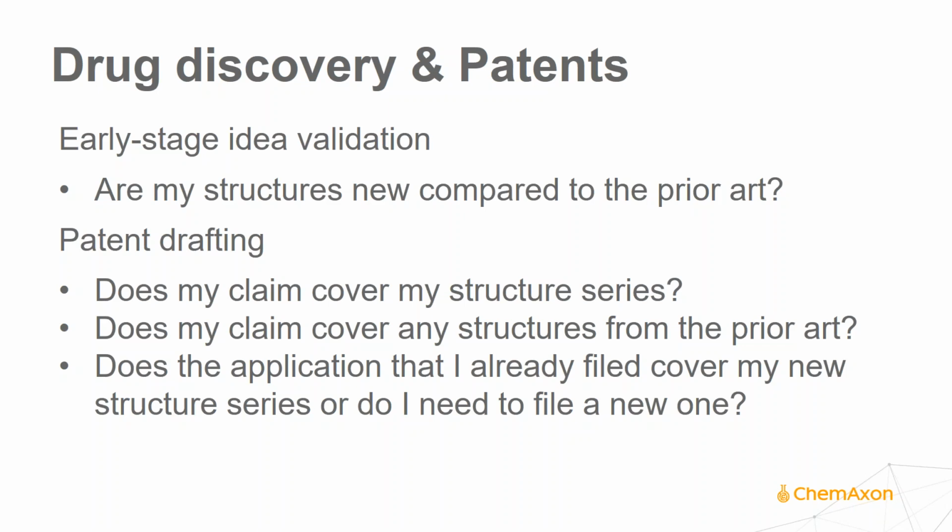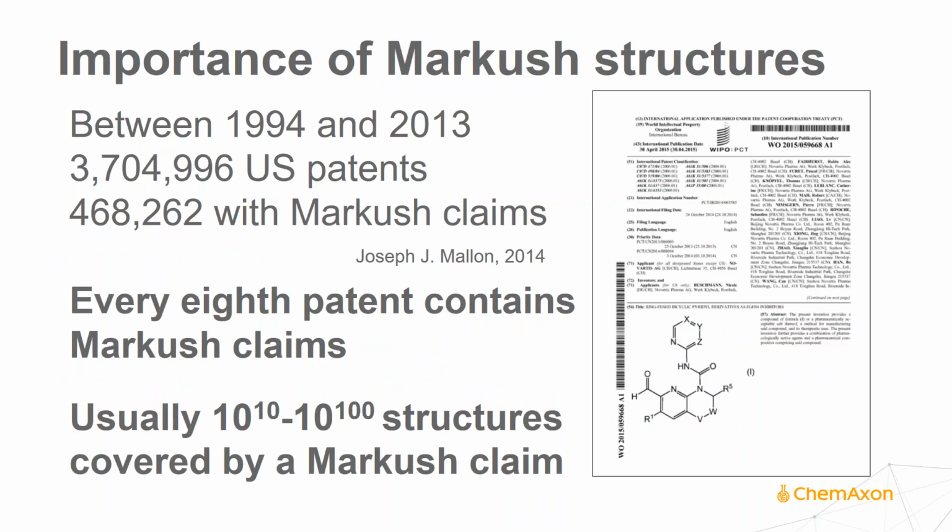The following question needs a little bit more detailed analysis of the chemical space covered by the competitor's patent and your series. And our technology mainly can be useful in this stage to help to answer these questions.